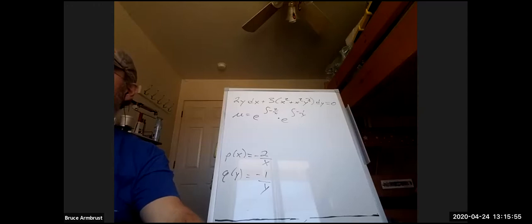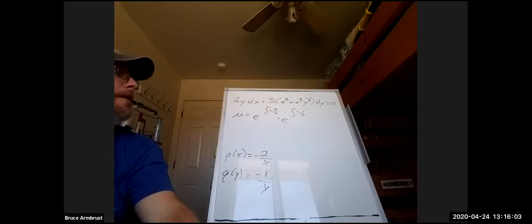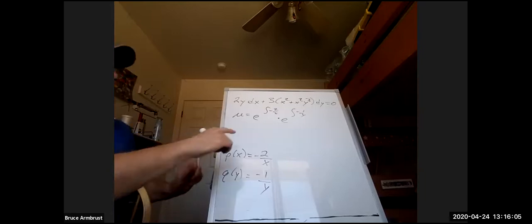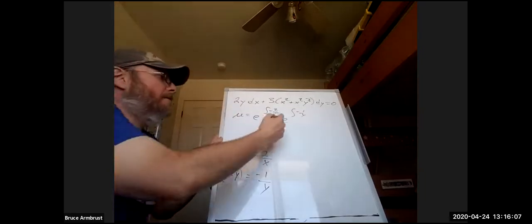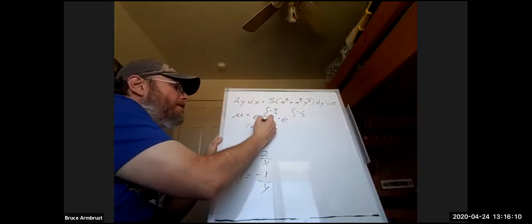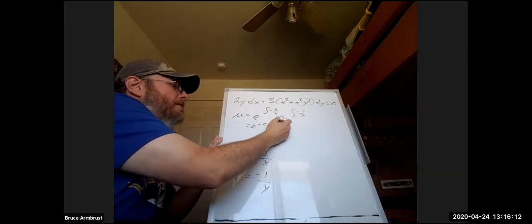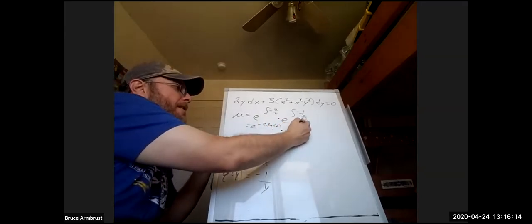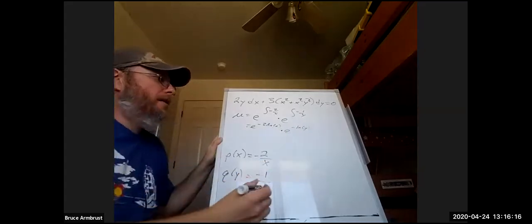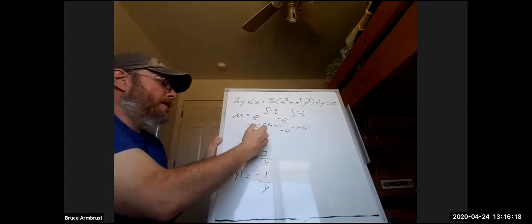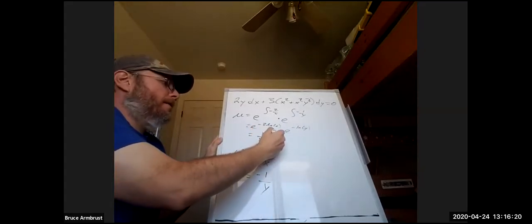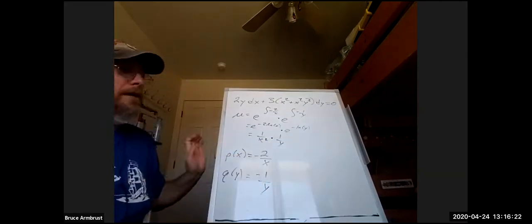So this is a pretty common trick, but once we've got those p and those q, we'll just go ahead and integrate and see what we get. So this first one's going to give us a minus 2 log x. So this is e to the minus 2 natural log of x times e to the negative natural log of y, which is going to give us 1 over x squared times 1 over y.